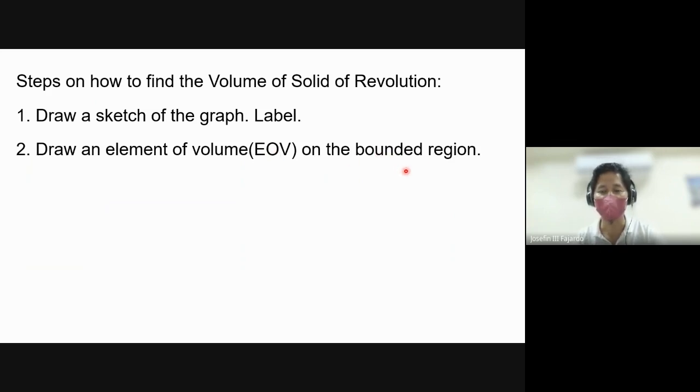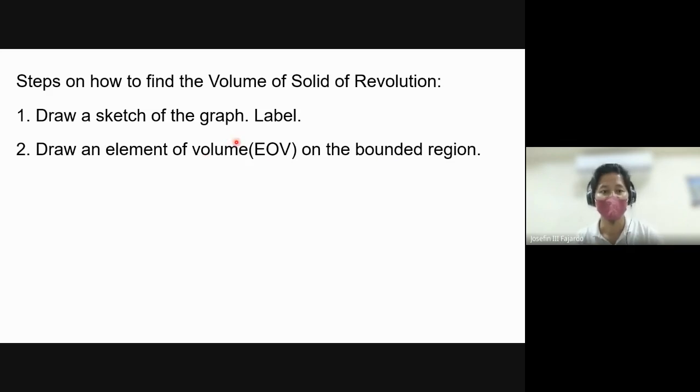So we start with the safer element of area, the rectangle, so that we can identify the element of volume based on the rectangle and the axis.